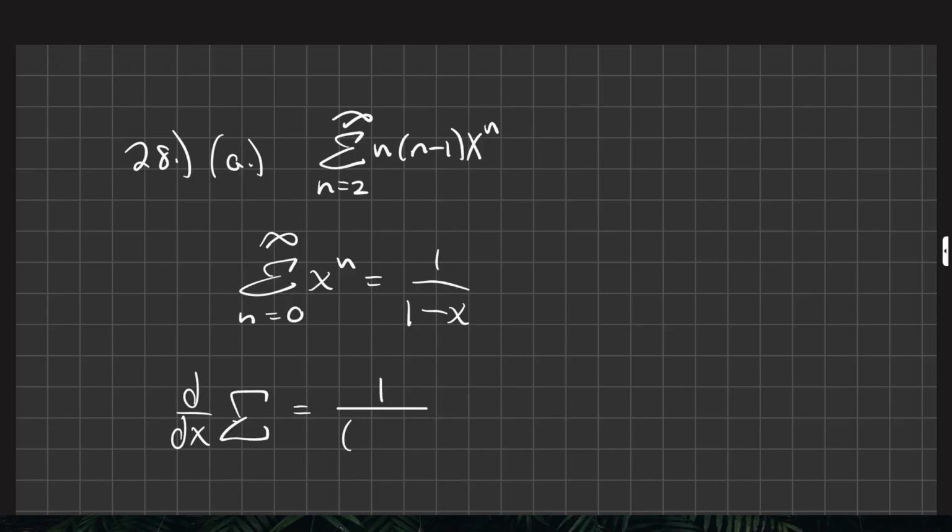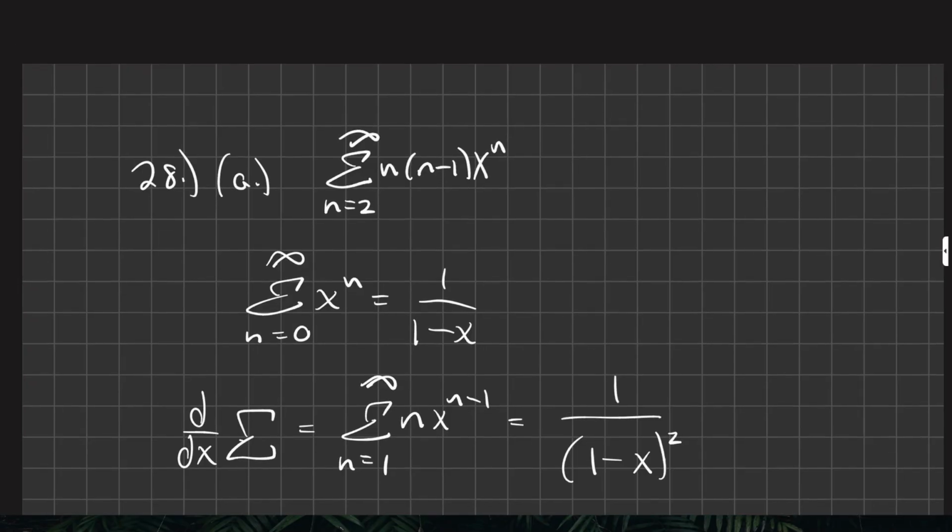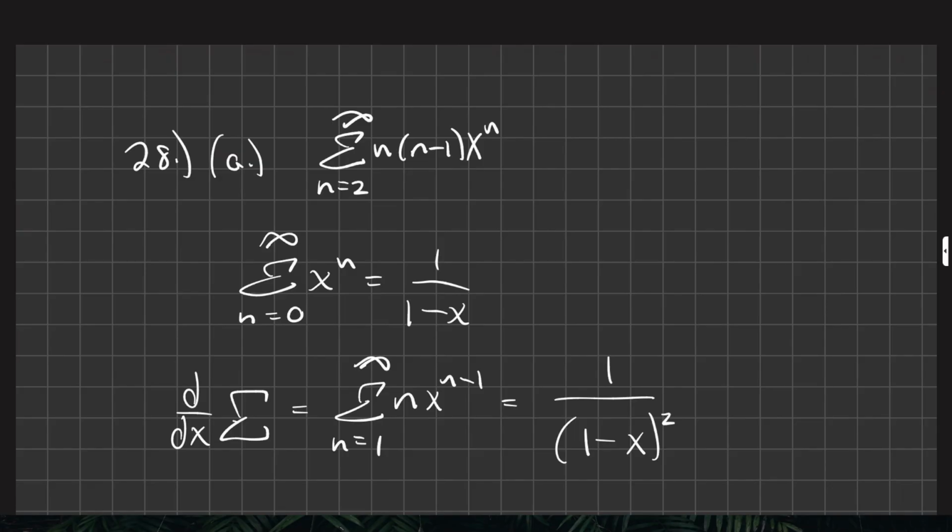I guess we don't need that yet, sorry. When we differentiate this series, we'll just get the series from n equals 1 to infinity of n x to the n minus 1, just by the power rule. And this is equivalent to the function 1 over 1 minus x squared. So we took that derivative, and now, where is it in our original problem?